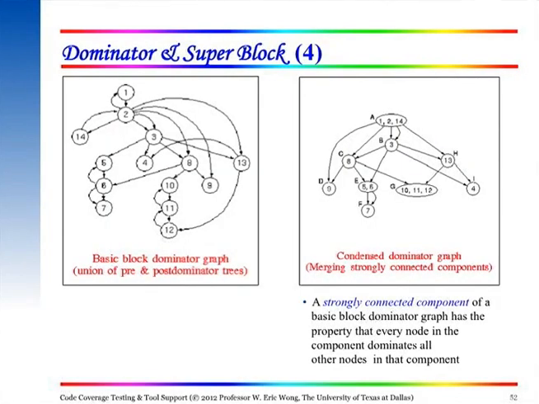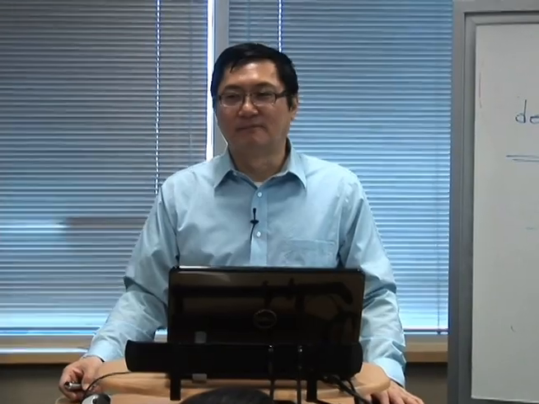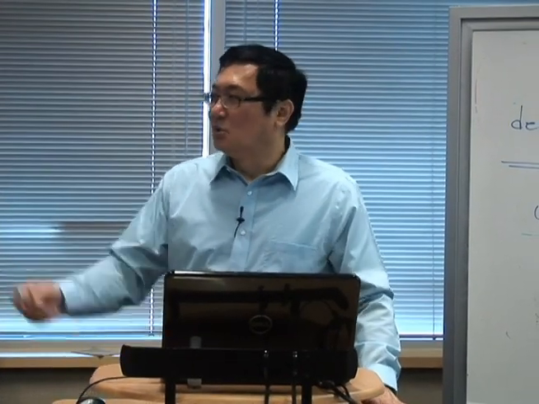Strongly connected means what? 1 is connected to 2, 1 is connected to 14, 2 is connected to 1, 2 is connected to 14. Everyone is connected with everyone else. So far so good. So what is a superblock? You are looking for a strongly connected component.